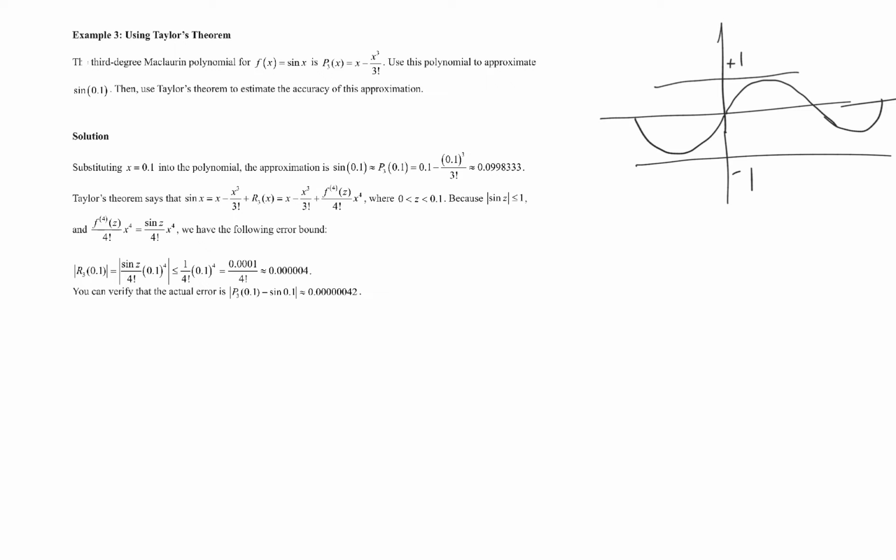So, first of all, the function is f of x. Second fact, the third degree Maclaurin polynomial of the function sine of x is p3 of x equals x minus x cubed divided by 3 factorial.